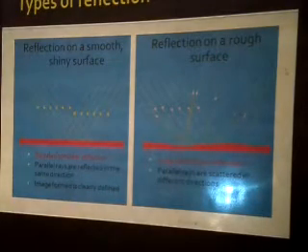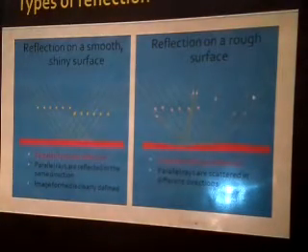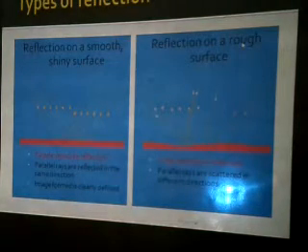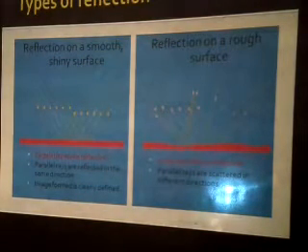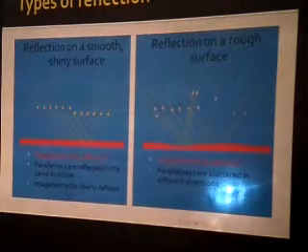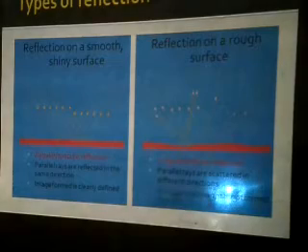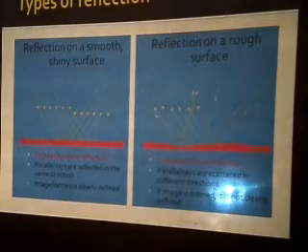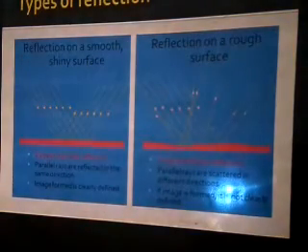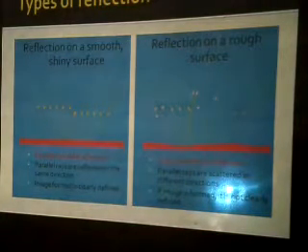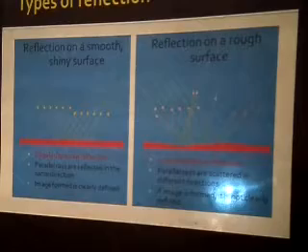So we have one going this way, another one going this direction, and then another one moving in another direction. And then two, the image formed is not clearly defined. So these are the differences between the two types of reflection.